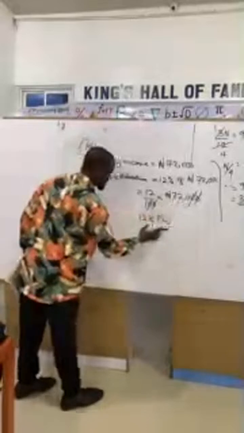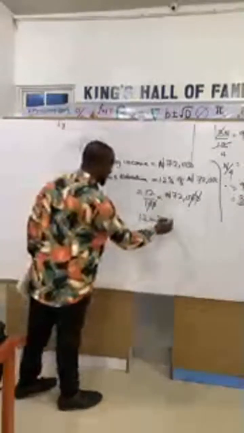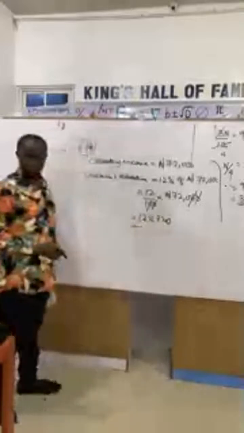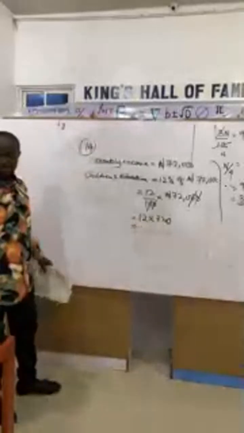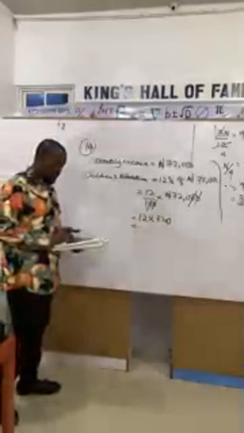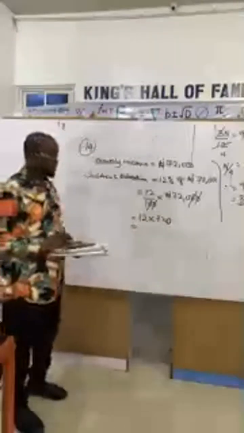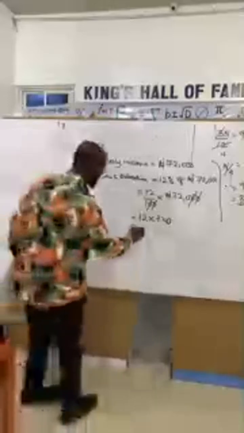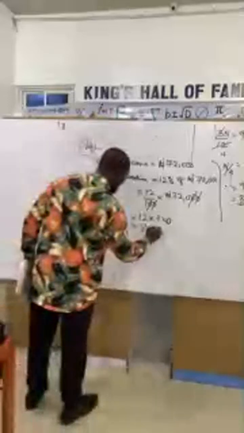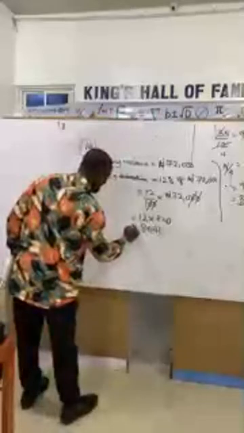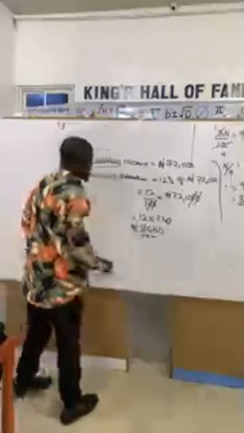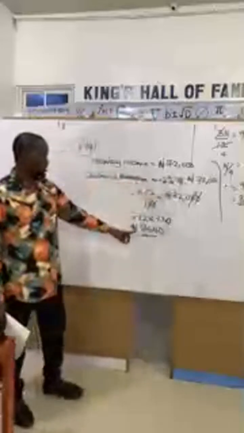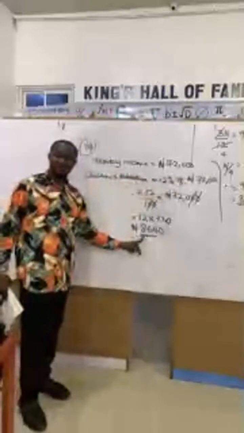Make sure you carry a calculator when we start calculating. Everybody must have a calculator. The answer is 8,640. That is the percentage. If I have spent 12% of my salary on education, this is the money spent.